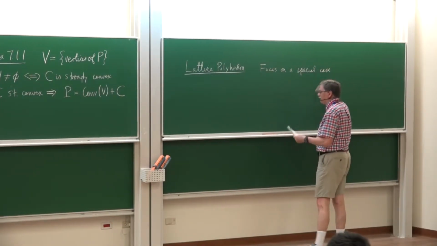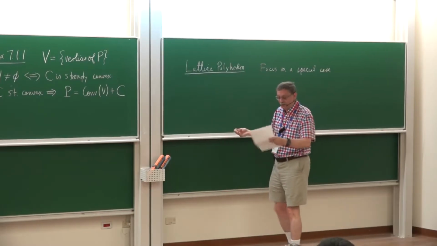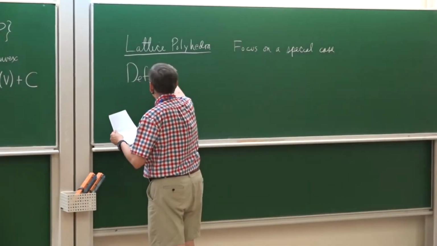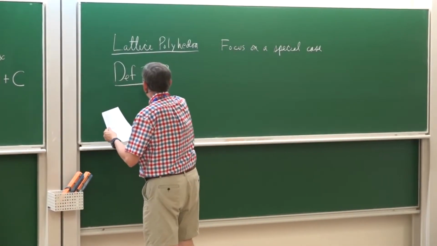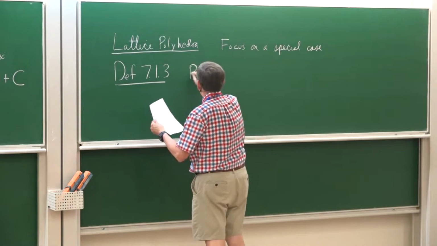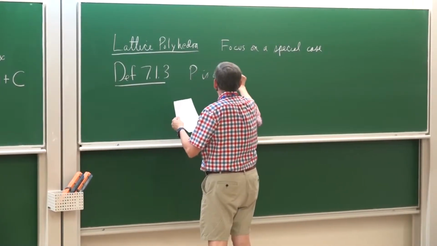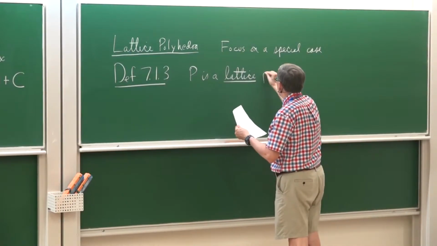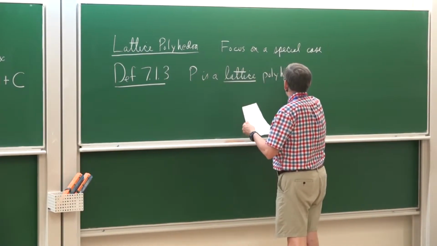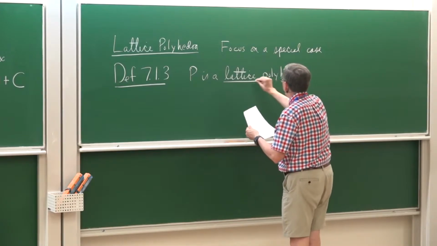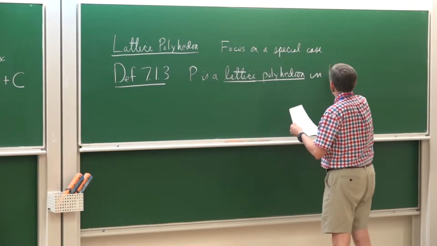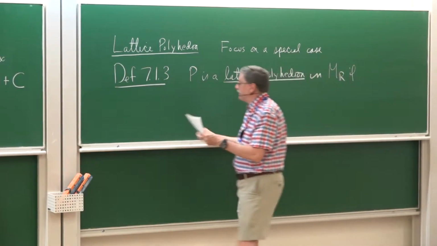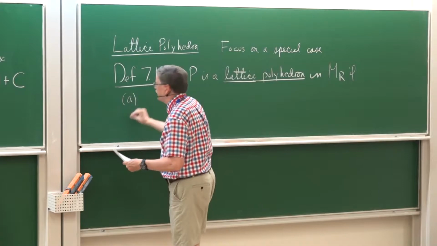And the special case we're going to focus on, not surprisingly, is when we actually do have vertices. So this is the definition in the book. And there's basically two things going on.